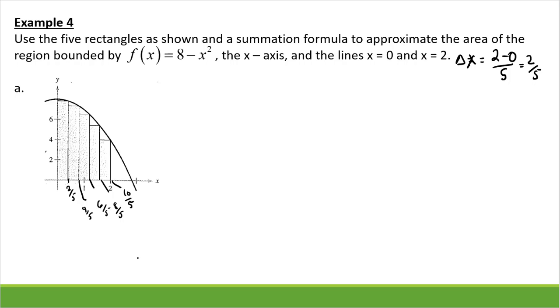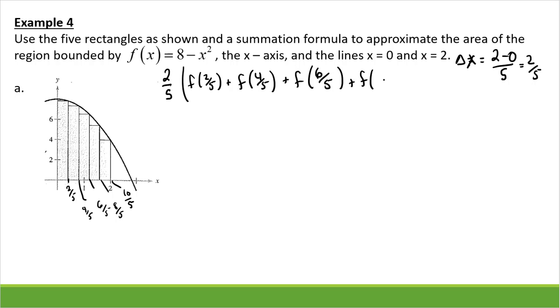when we're using our rectangles, we take 2/5 times f of 2/5 plus f of 4/5 plus f of 6/5 plus f of 8/5 plus f of, I'm going to leave it as 10/5. There's a reason that I'm doing this, because I want to put this into this summation for us.